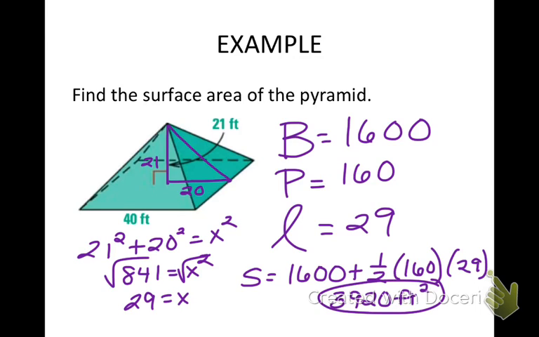All right, so the beauty of a pyramid and a cone is that they're kind of the same thing, but instead, my base shape is always going to be a circle. So what's our area formula for a circle?